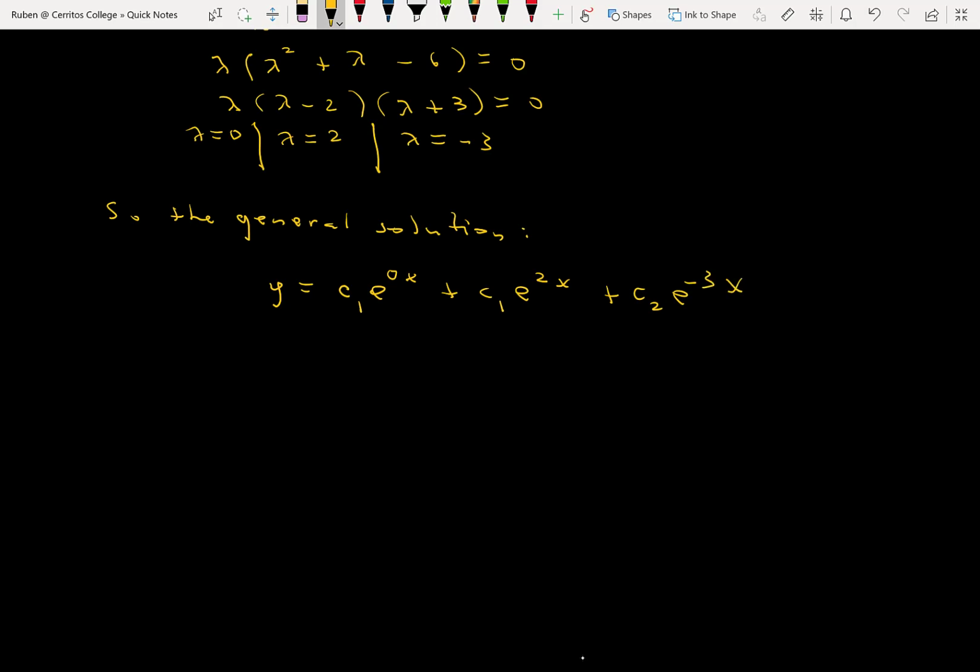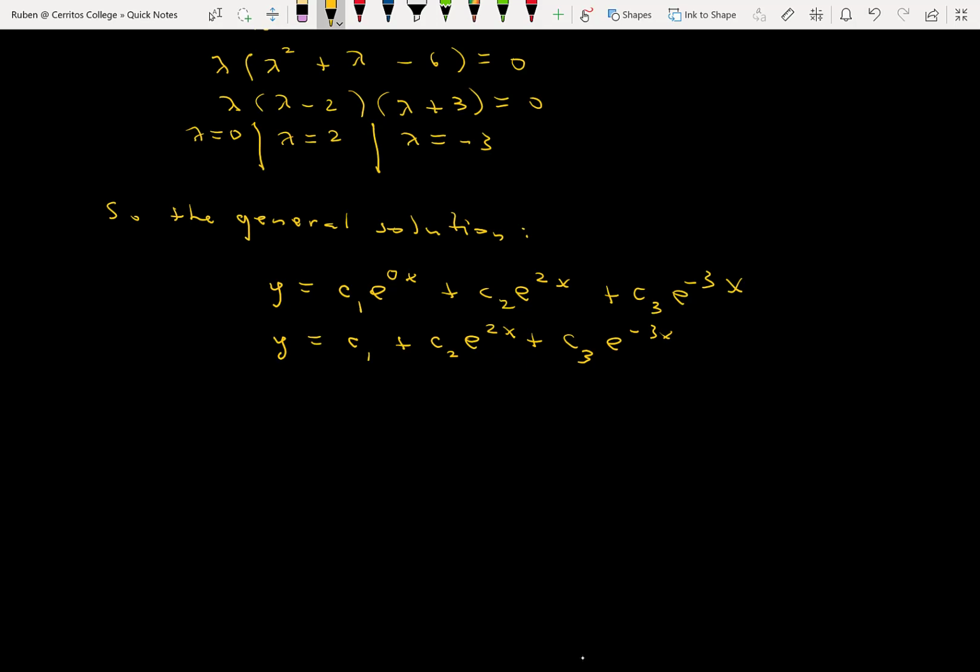Now clearly we don't need to leave the first part of the solution as e to the 0x, since e to the 0 is 1. Our solution then is C1, plus, I'll go back and fix the constants, C2 e to the 2x plus C3 e to the negative 3x. So the constants are C1, C2, and C3 in the general solution.